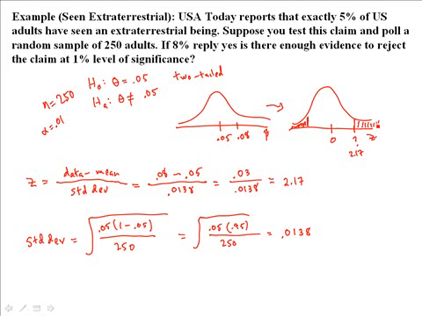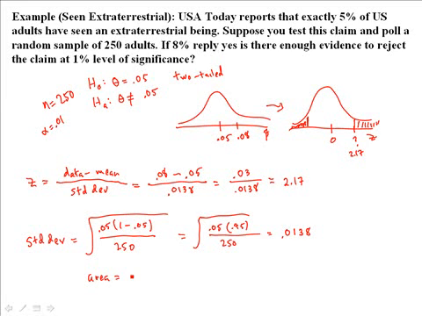Now, to find the p-value, I have to look up the area to the right of that z-value and then double that, because I have another tail over here that corresponds to the same shape, just on the other side. So let's find the area here. If it's an area to the right of a z-value, I can't just look up that area in the table. I have to do what? 1 minus.